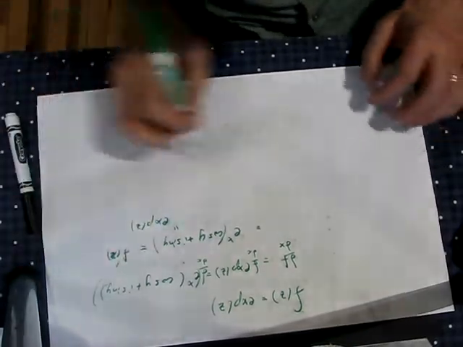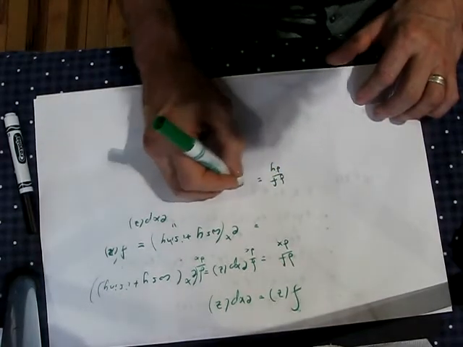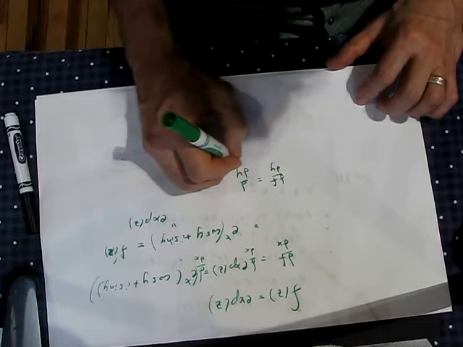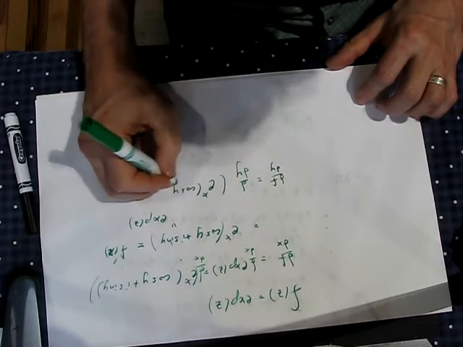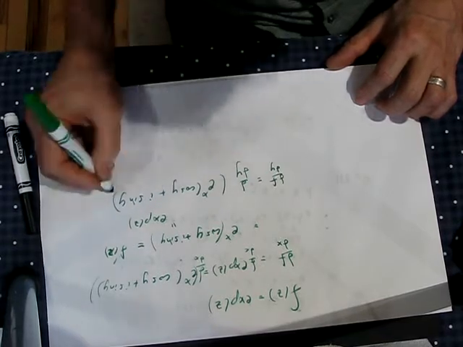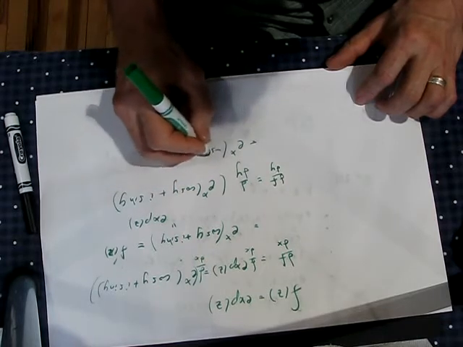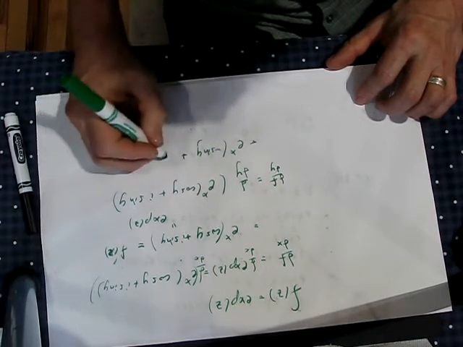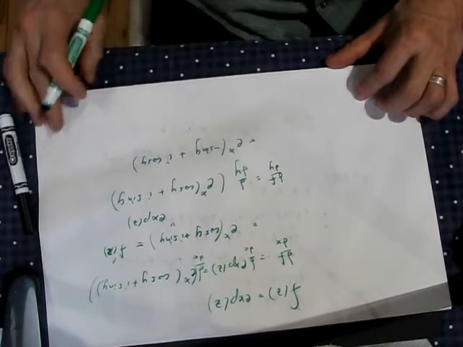But does it satisfy the Cauchy-Riemann equation? So the partial of f with respect to y is going to be the partial with respect to y of e to the x (cosine y plus i sine y). Now we ignore the e to the x, take this derivative. Derivative of cosine is minus sine. Derivative of sine is cosine.